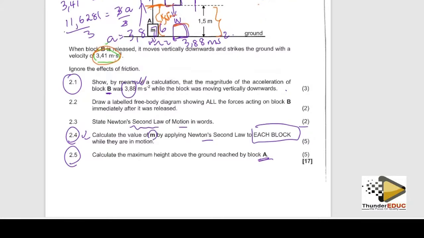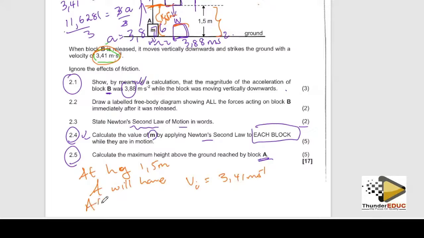Okay, so we're going to say at a height of 1,5 meters, A will have what we're calling the VI of 3,41 meters per second.